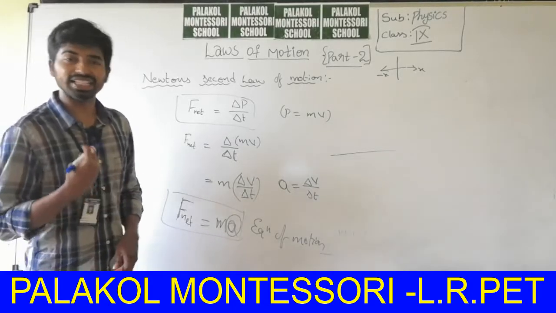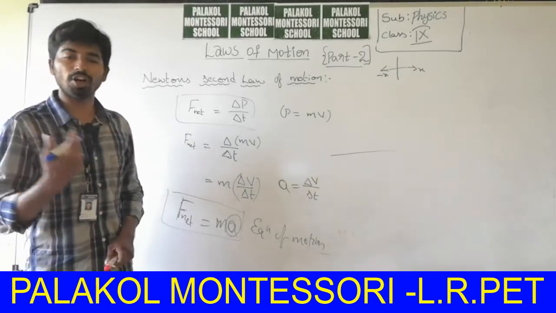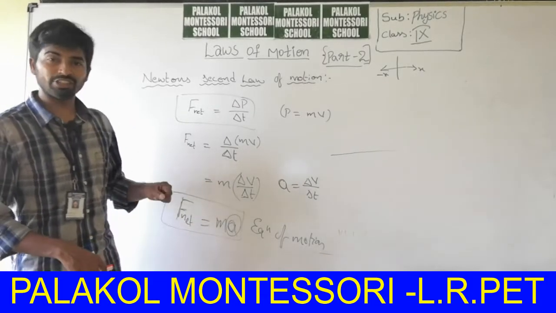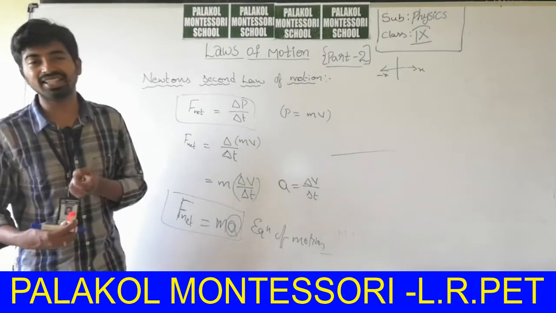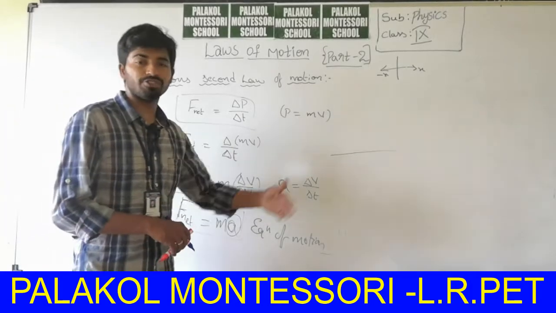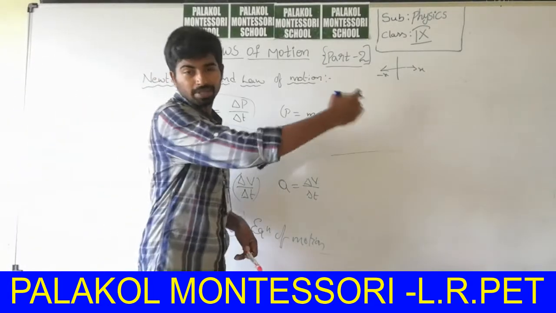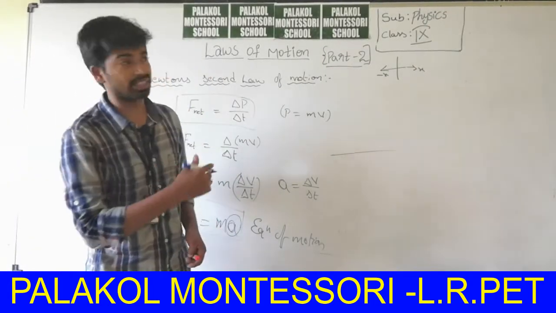Accelerate means it will increase the speed. Accelerated means there may be an increase of velocity or a decrease of velocity. If you apply force in the same direction of motion, the velocity of the object increases.